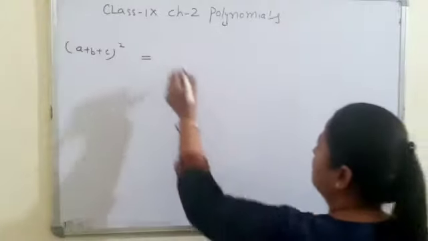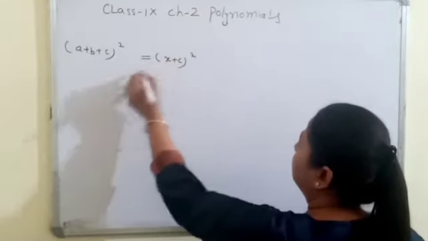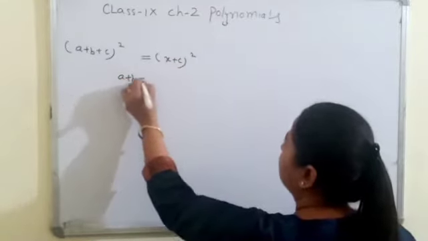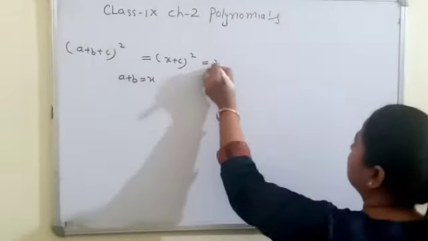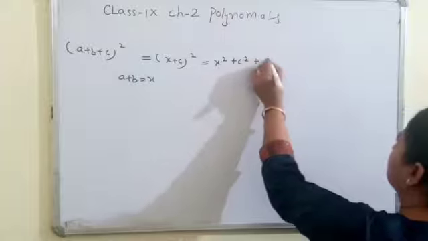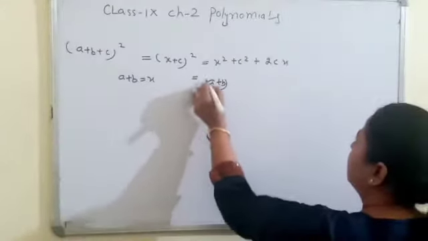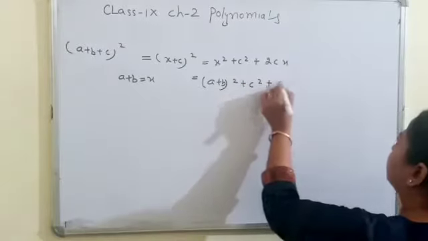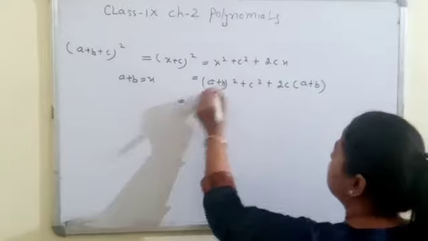(a plus b plus c), we can write it as (x plus c). In place of a plus b, I am writing x here. (x plus c) whole square is x square plus c square plus 2cx. So x is (a plus b). Solve it again.